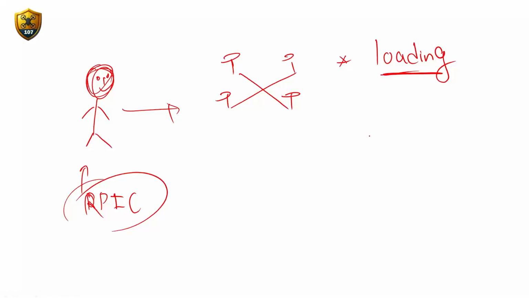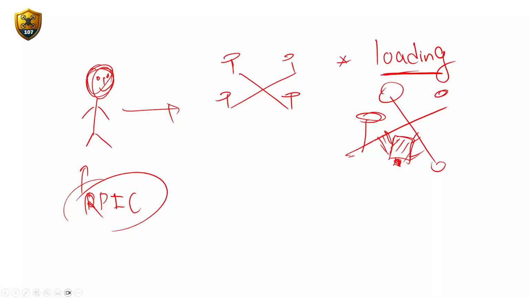Say there's a drone like this, and it has a camera attached to it. We have to make sure that this camera is properly attached, that it will not fall off, so it is mounted securely to the frame. This type of responsibility is assigned to the RPIC, or you as the remote pilot in command.